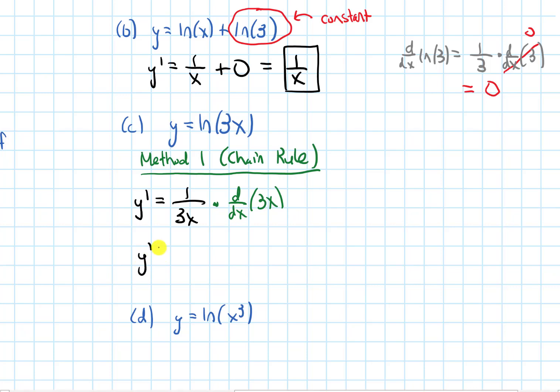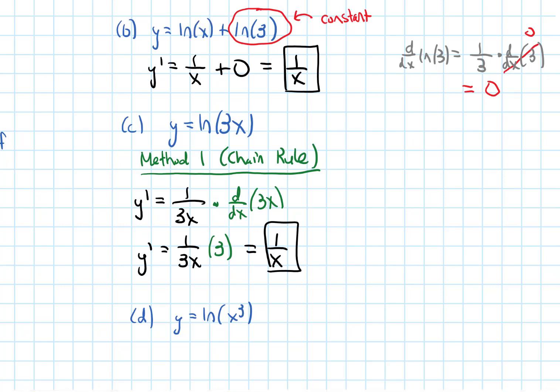So y prime equals 1 over 3x times 3, the 3's cancel and I get 1 over x. That's interesting. Even if I do ln of 3x, the derivative is the same as it was for ln of x.